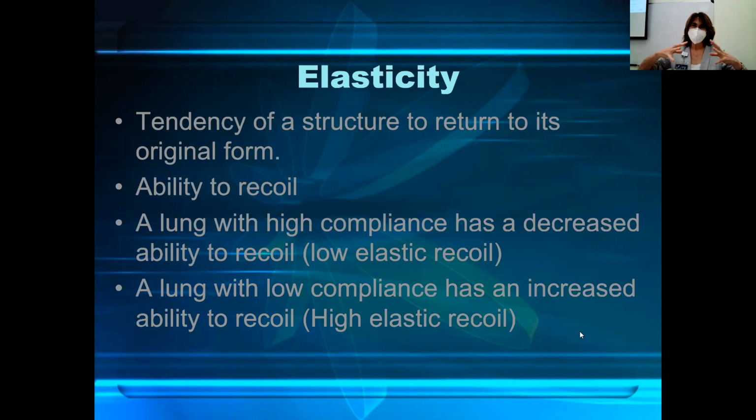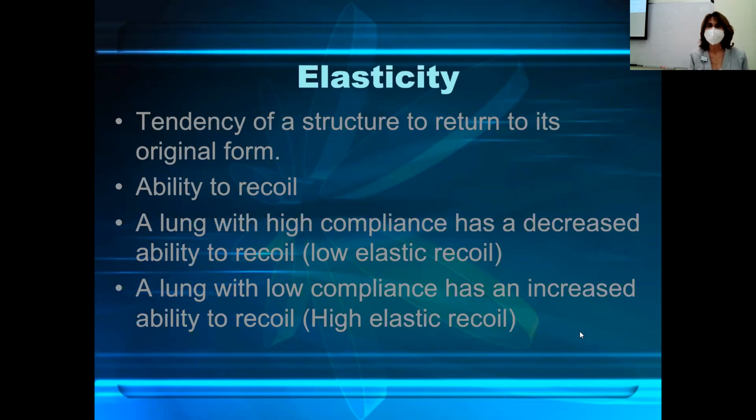The air goes in, expands the lungs, and now it's time for exhalation. The lungs just don't go back to their original size and shape because they're so overstretched and floppy. So they have a low ability to recoil, or low elasticity, just like that old floppy balloon that doesn't return to its original shape.